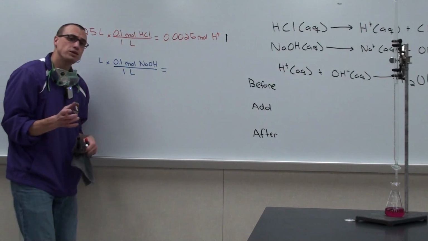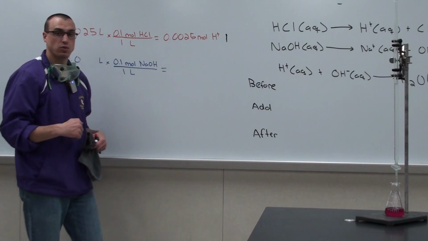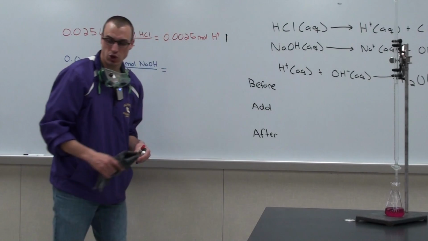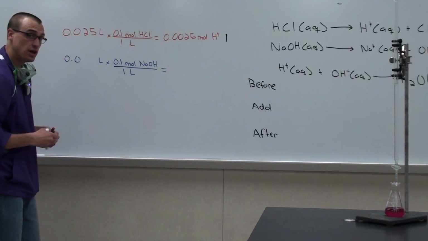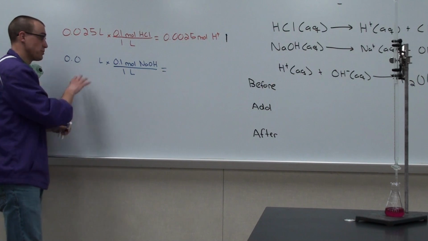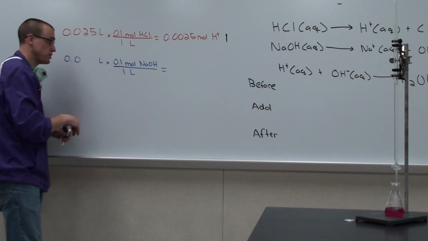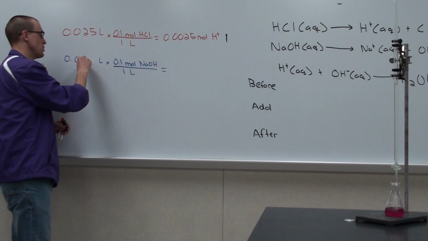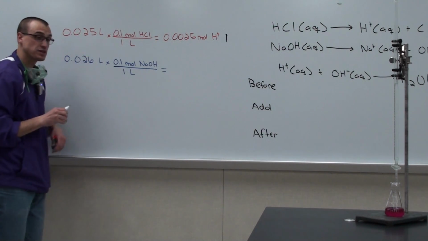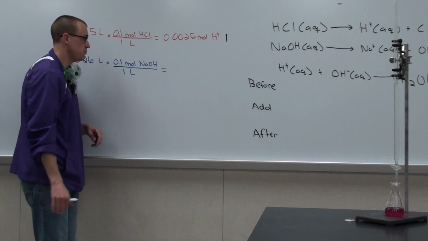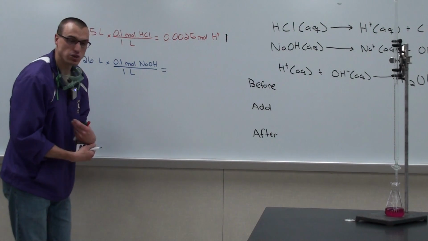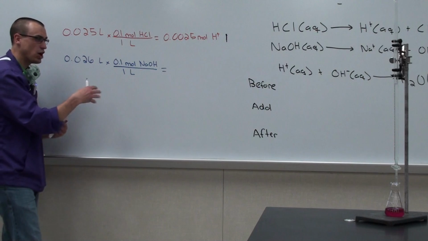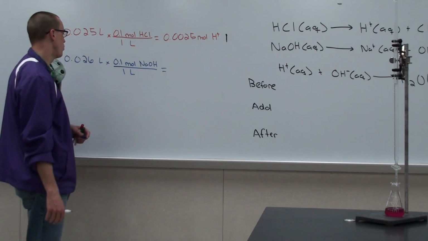However, like I said, I went 1 milliliter past that equivalence point. That means I added a total of 26 milliliters of NaOH. So what I'm going to do is take our number of milliliters and convert it to liters, which is 0.026 liters, and multiply it by the molarity of NaOH, which is 0.1 molar.